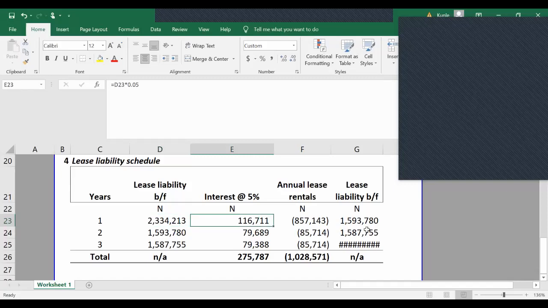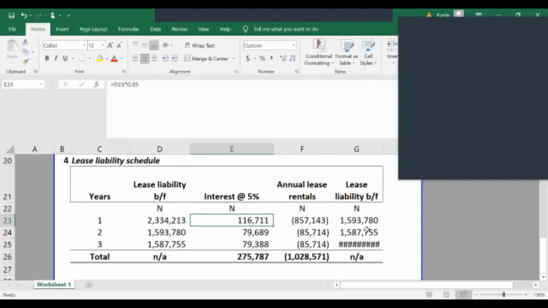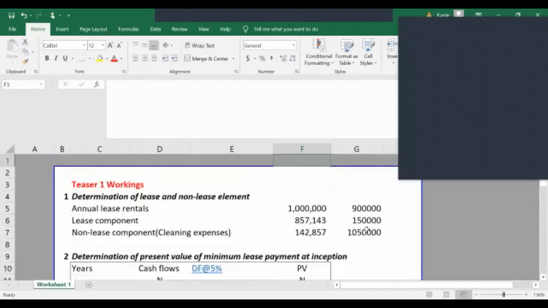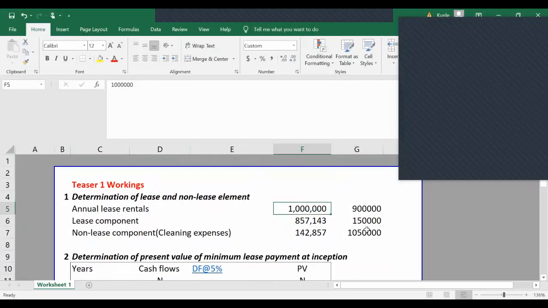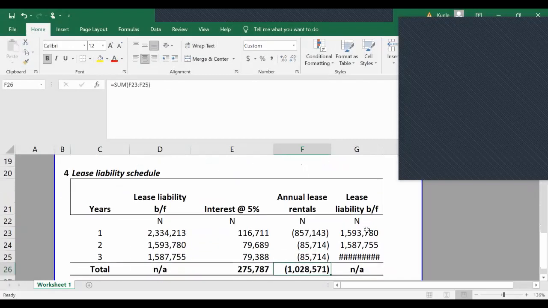If you calculate 5% of the 2.3, you will get 116,711. Then you will make an annual payment of 857 that we calculated above. Because every year, as you pay the 1 million, 857 is the lease component, 142 is the non-lease component. So it's that 857 that will be recognized here.